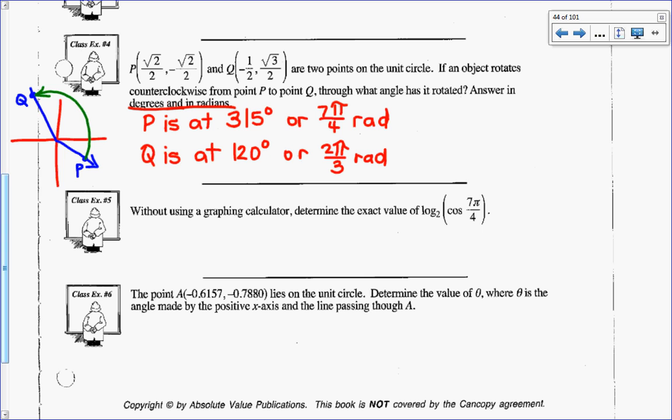What this question is saying is, if an object rotates counterclockwise from point P to point Q, through what angle has it rotated? What is that whole rotation angle? Well, first of all, let's see if we can figure it out in degrees. If point P is at 315, what would this reference angle here be? 45 degrees. What would this angle be here? 90 degrees.